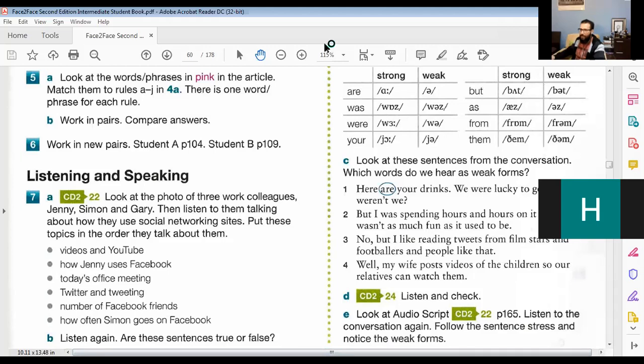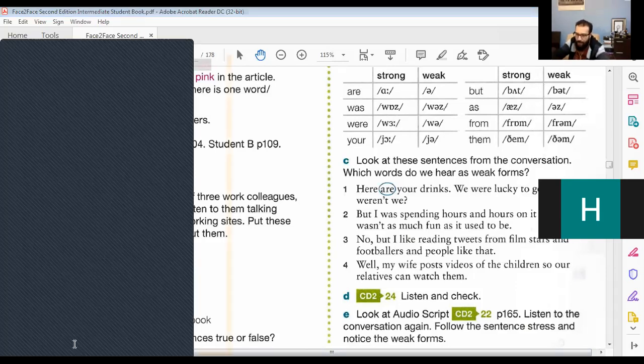So let's go to the listening track and see the order that they talk about these topics. We need track 22, CD2.